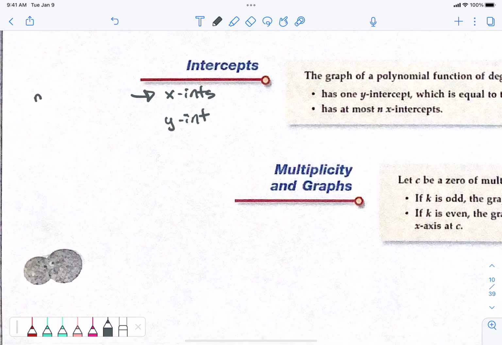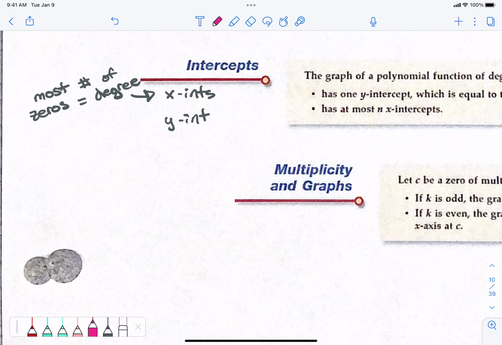This is your y-intercept. You have to break it down. Number of zeros equals the degree. The degree tells me the highest number of intercepts I could have. So we've talked about that before. How many zeros should you have? You should have 4 if it's x to the fourth.